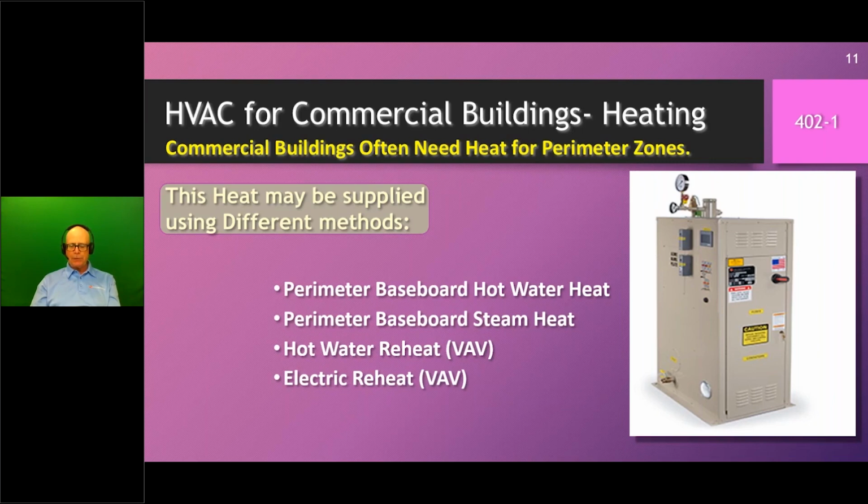And in some areas of the country, and I've heard California doesn't like these, but some areas like Florida and Georgia and the Gulf Coast, electric reheat for VAV is quite common, and we'll see that a little bit. So don't discount that if you happen to be in a different part of the country where this is frowned upon by code. So we may have to provide some heat.